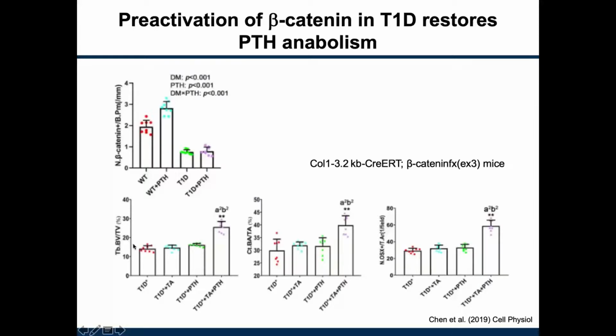And what you can see here, looking at the bone volume, if we look again at the purple dots, is that if you activate Wnt signaling and treat with PTH in diabetic animals, then you can still improve bone mass compared to, let's say, the type 1 diabetic animal with PTH treatment, where again we see no effect. So activation of Wnt signaling seems to be very important and actually a prerequisite for PTH to work in these diabetic animals.